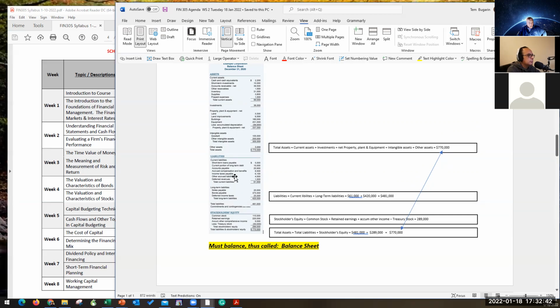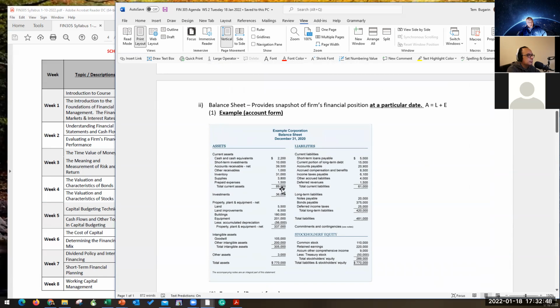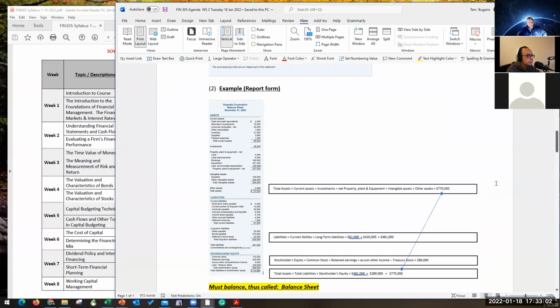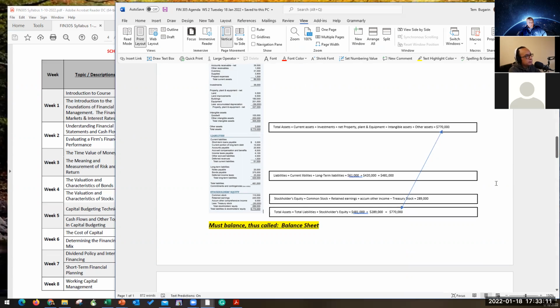I will tell you that, here again in the balance sheet, whether you put it in an accounting form or in a report form, I'm still going to give you a list of items like cash and cash equivalents, short-term investments, inventory, supplies, land, cost of land, buildings, equipment, goodwill, short-term payments, payables, accounts payable, notes payable.